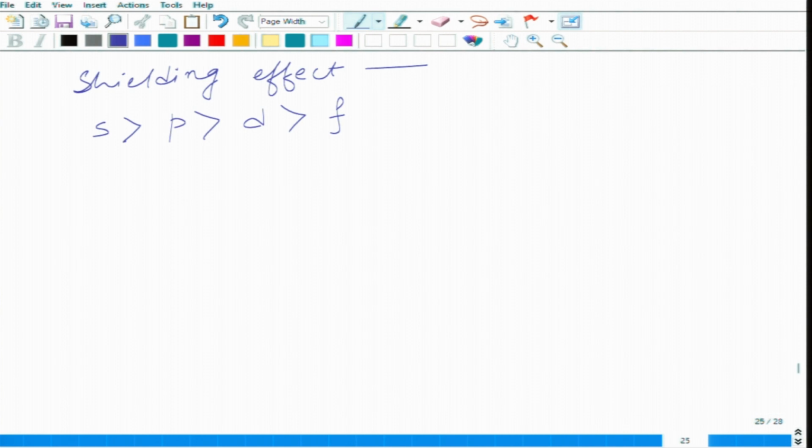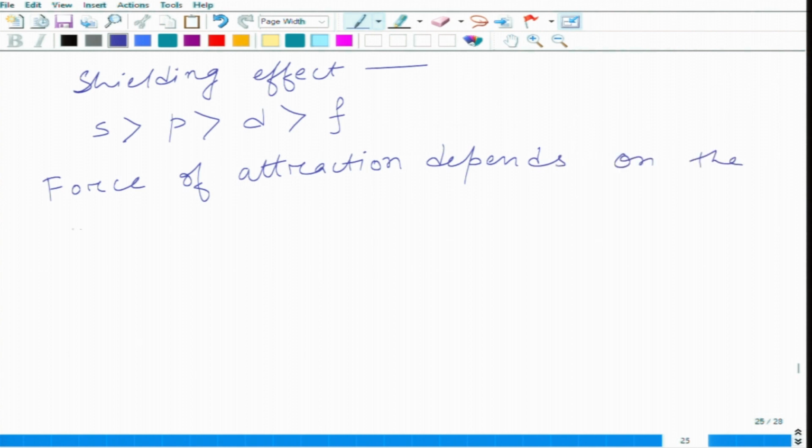Now due to these two factors, the nuclear charge is affected. Force of attraction depends on the nuclear charge. So for 1s, it receives the direct force of attraction.